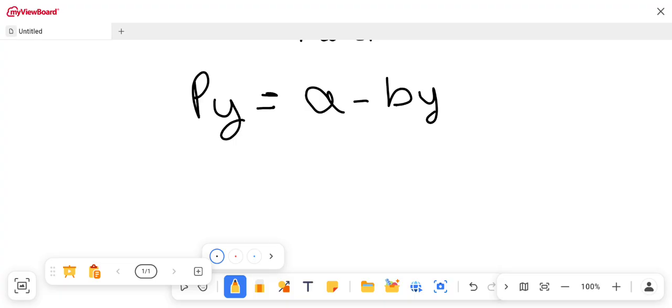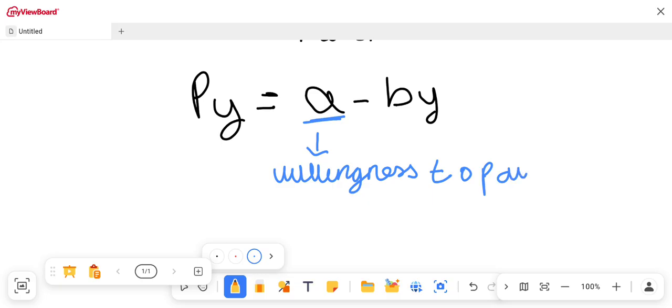A here is willingness to pay, and Y is the quantity demanded.